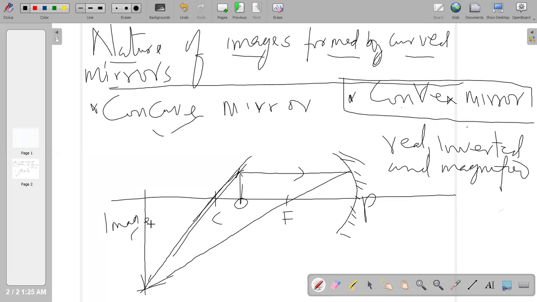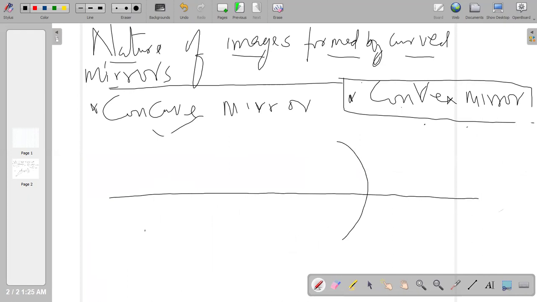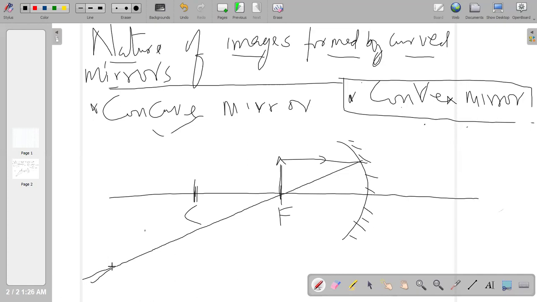We already know what C and F stand for. Now let's look at the next stage, where the object has moved to F. The object is right here at F. Once again, rays parallel and close to the principal axis converge at the principal focus after reflection, while rays through the center of curvature will go undeviated.